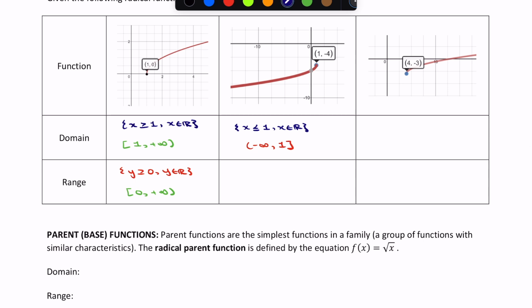And for our range, you see here that y is less than or equal to negative 4. Y is an element of real numbers. And so here we can also write it in interval notation, which we'll get as negative infinity to negative 4.